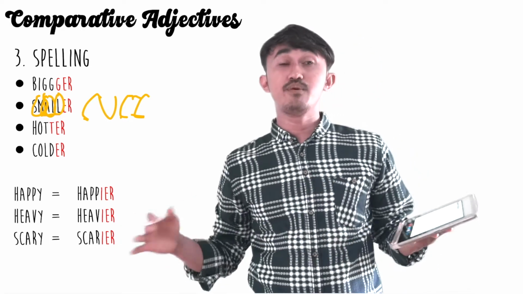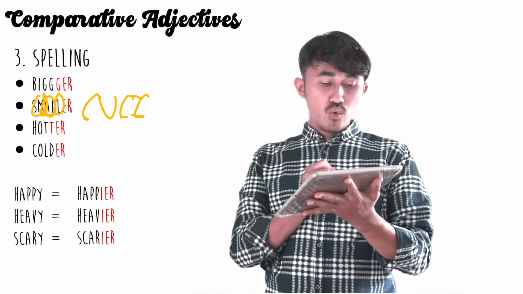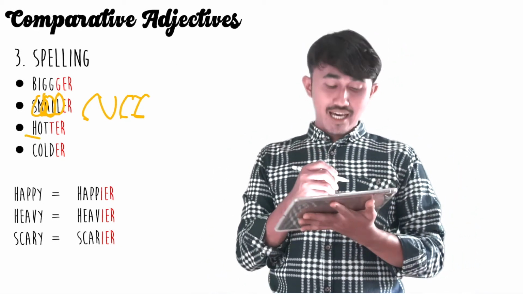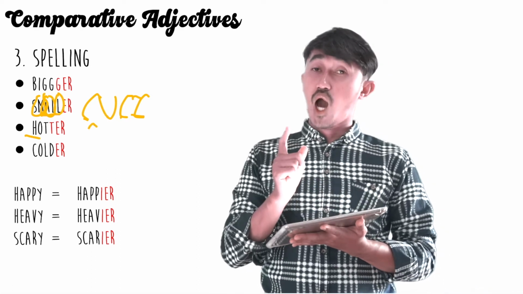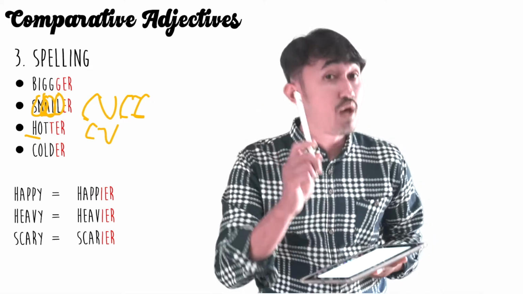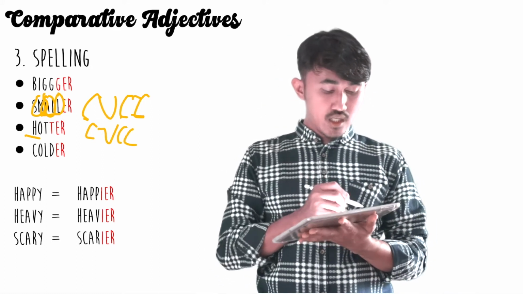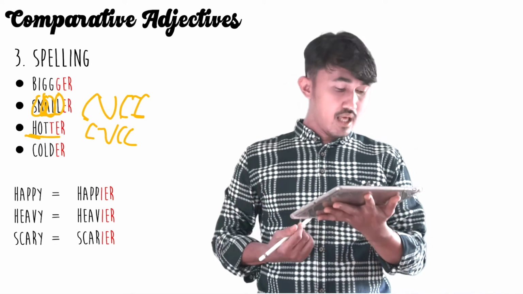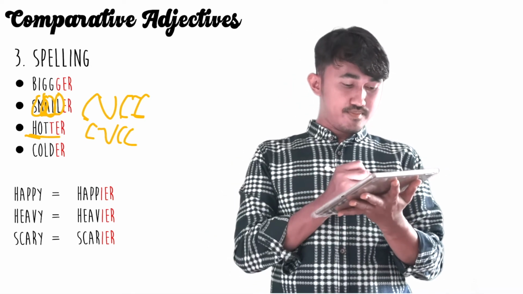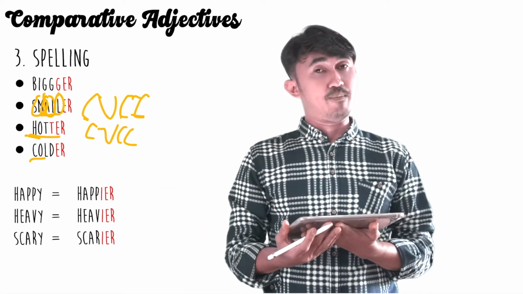So you don't need to put more than that. Okay? Another one is hot. H is a consonant, O is a vowel, T is a consonant. So we have to put one more T at the end, so hotter. We also have cold. It's usual, just put er there.